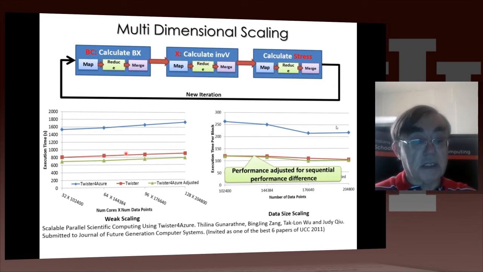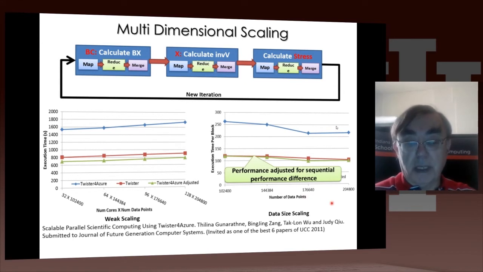That shows that in terms of parallelism, Twister for Azure is doing fine. And of course, the speed of the node corresponds to the cost for the node. So the actual difference in node performance is not that important because you would just pay less for a slower node.